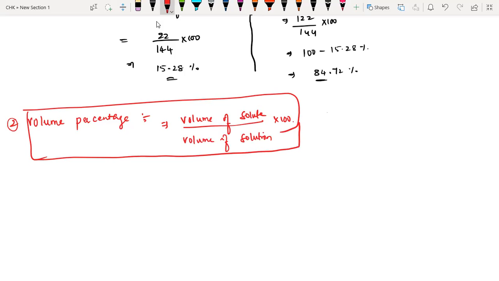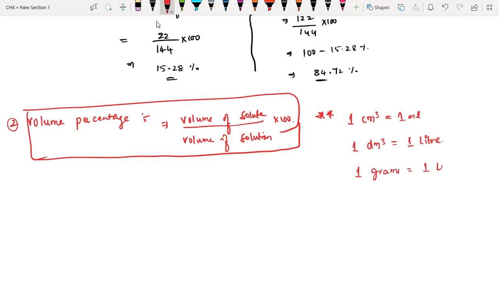Do you know these conversion factors, which are very important in this chapter? 1 centimeter cube equal to 1 ml. So cubic volume to ml, liters conversion is important. 1 centimeter cube equal to 1 ml, or 1 decimeter cube is equal to 1 liter. Generally, if you want grams to ml, we'll take 1 gram equal to 1 ml only.